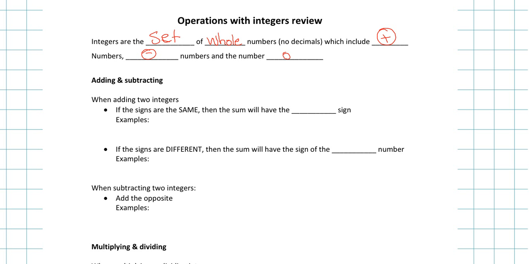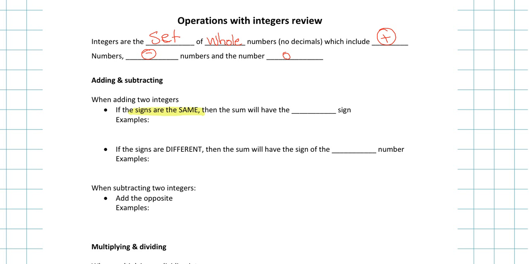Now, if we're not using a calculator and we're adding two integers, if the signs are the same, so you're adding two positive integers or two negative integers, then the sum will have the same sign or the different sign of what you started with? The same sign. Excellent.